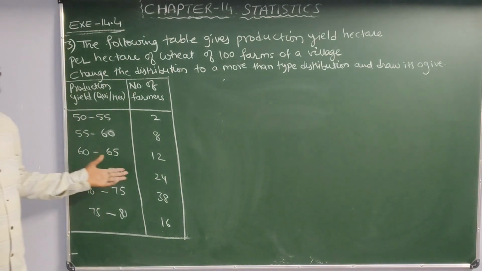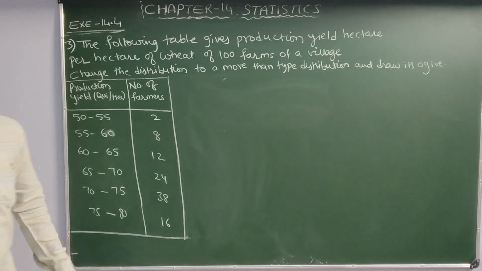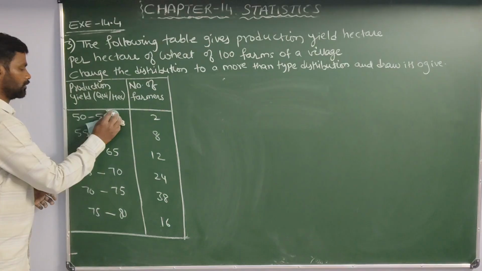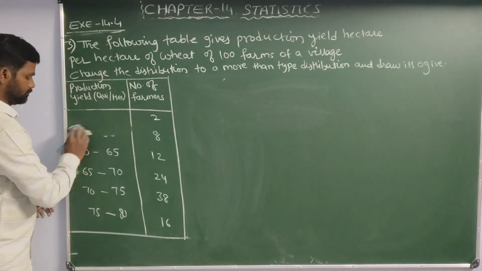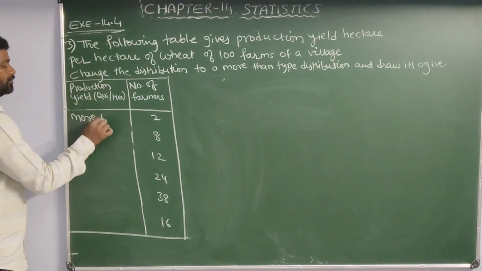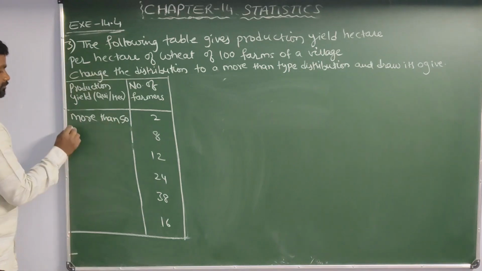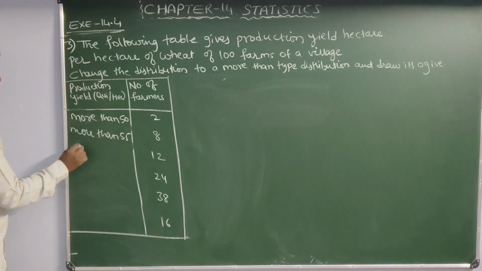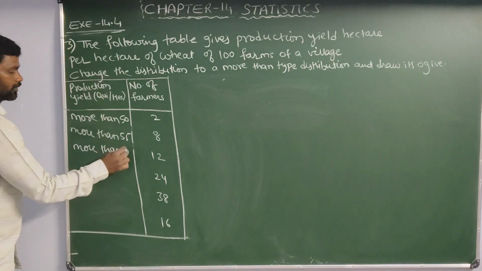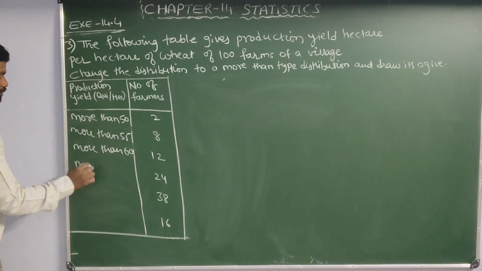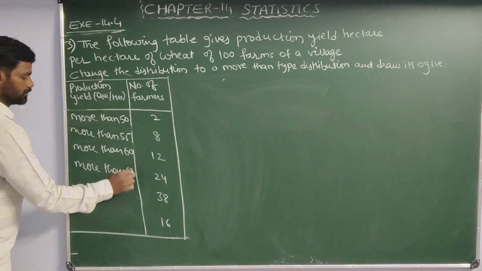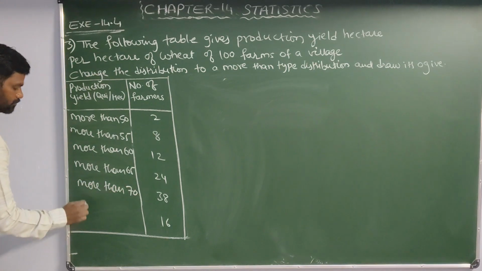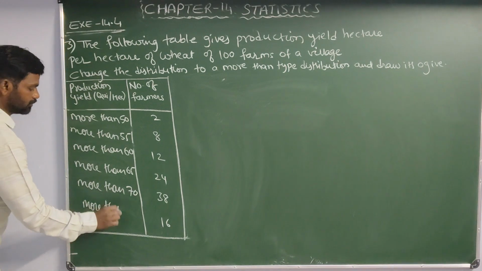Okay, now we are going to change this distribution into more than type. See how? It's very simple. More than 50, more than 55, more than 60, more than 65, more than 70, more than 75.